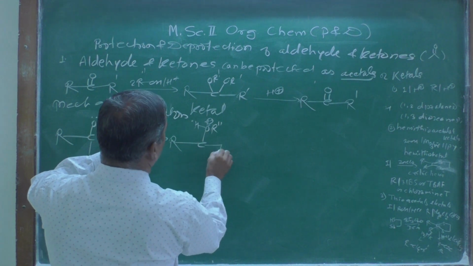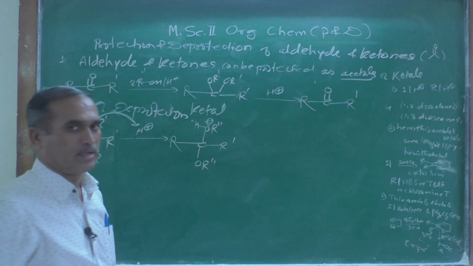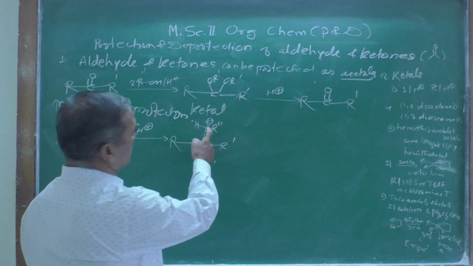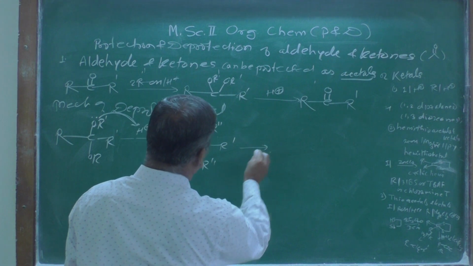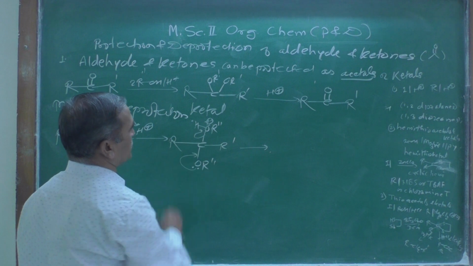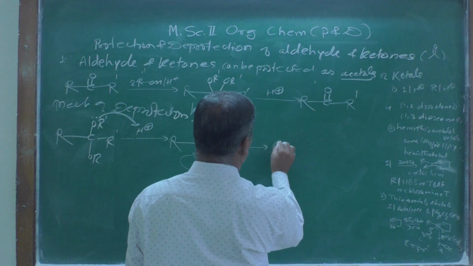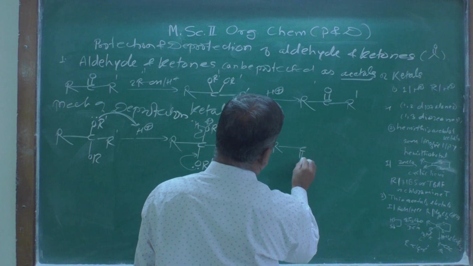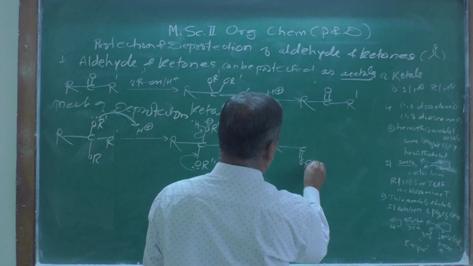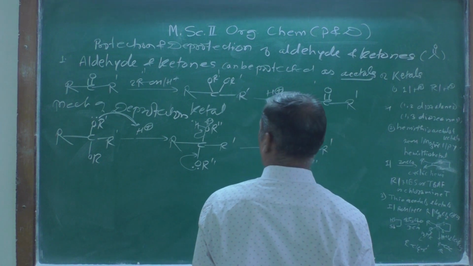Now this species is highly unstable. The lone pair forms a double bond, pushing out the alcohol as a neutral molecule. So R, C double bond O+R'' with the positive charge, and this R'.